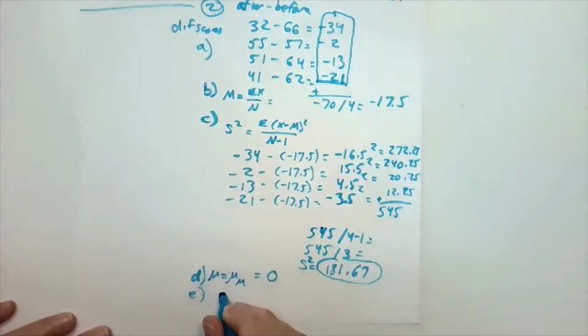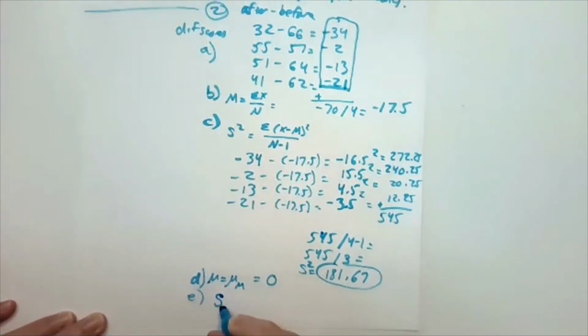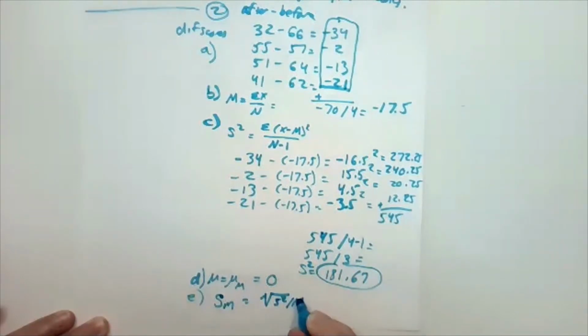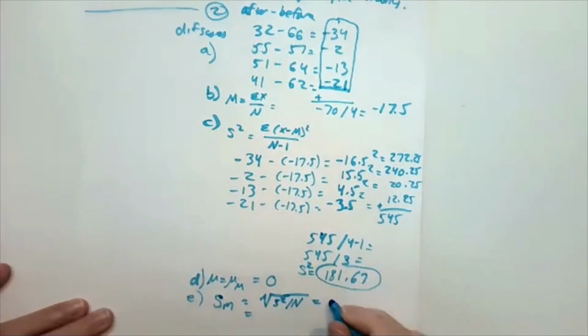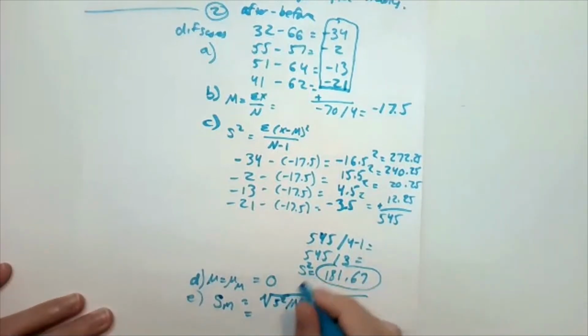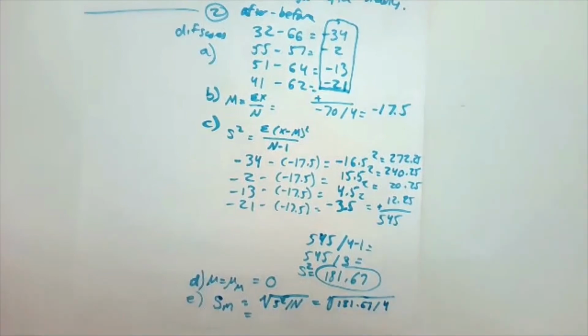And next I'm going to find the standard deviation of my comparison distribution here. To do that, I'm going to get the square root of our estimated population variance, s squared, divided by n. So I sub in my s squared: the square root of 181.67 divided by n, which we said was 4.